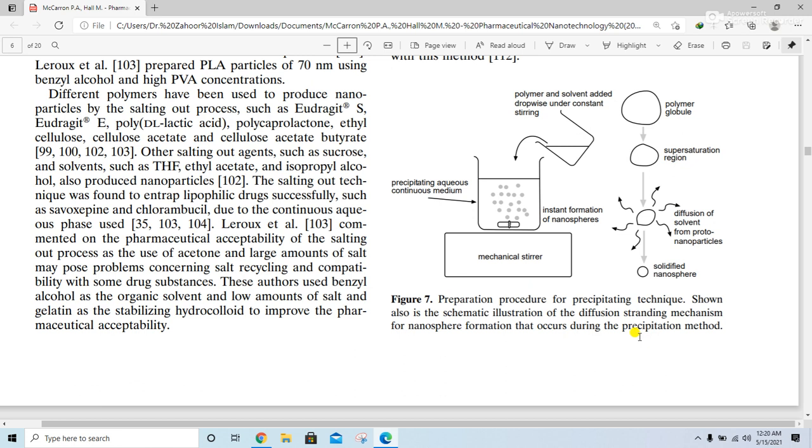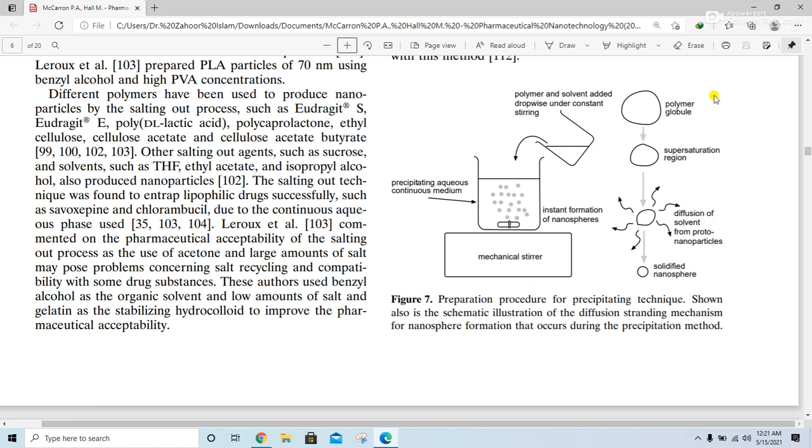First of all, it is very important that you have all the requirements, including excipients and active substances. First of all, you have the polymer. The polymer and the solvent are added dropwise under constant stirring.